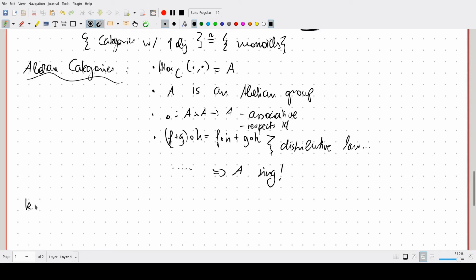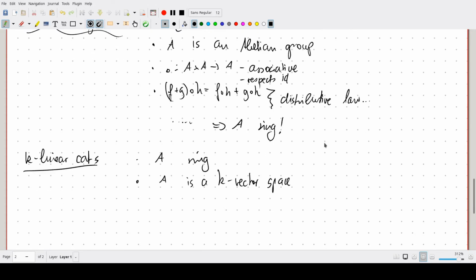So now for k-linear categories. We have A is a ring, but we have more than that because A is a k-vector space, just by definition of k-linear category.